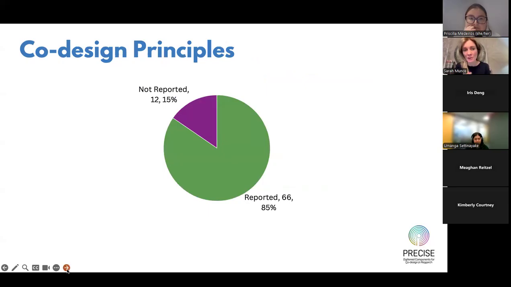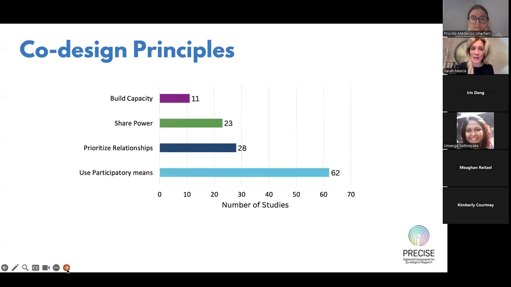Co-design principles. Again, many of the studies included or reported on at least one principle, and that's really important when we recognize the centrality of principles in the use of our co-design work. But still, among 12 studies, no principles or enacting those principles were evident. And again, we used key principles identified by K.A. McKercher.